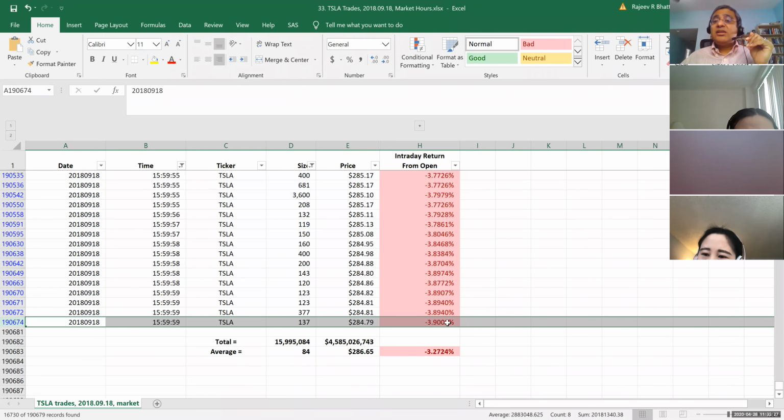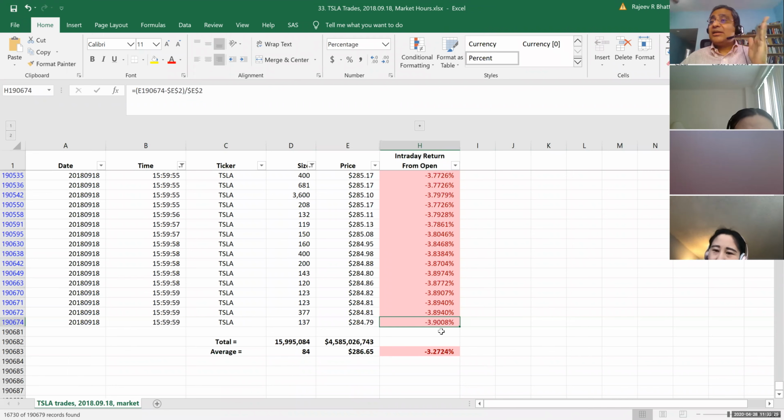During the course of a day, it came down by 4%. Within 30 seconds, it had gone down 2%. Within a little over a minute, it's gone down by 4%. This is how quickly the market has reacted to this negative news.